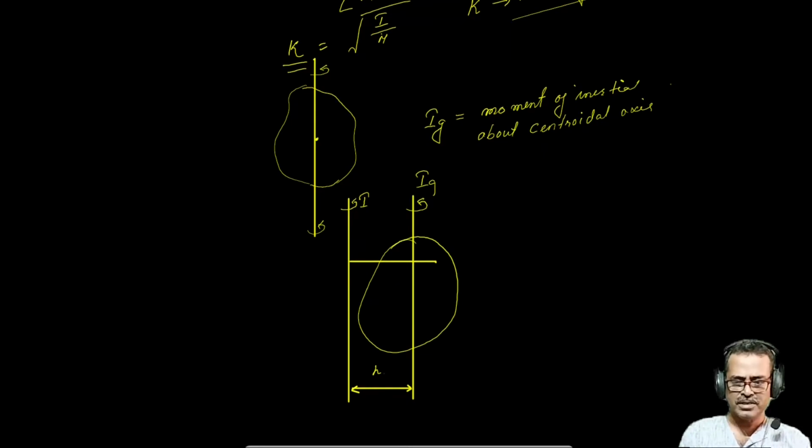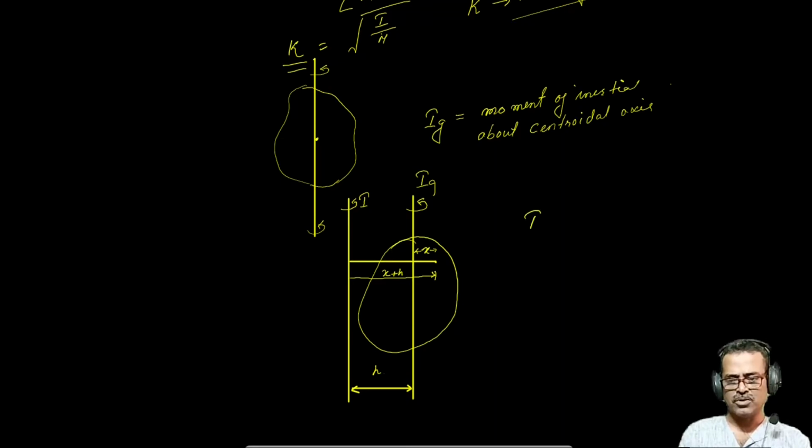Therefore this is x distance, x in this direction, and this is x plus h distance.